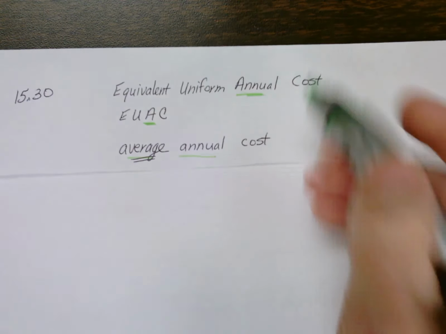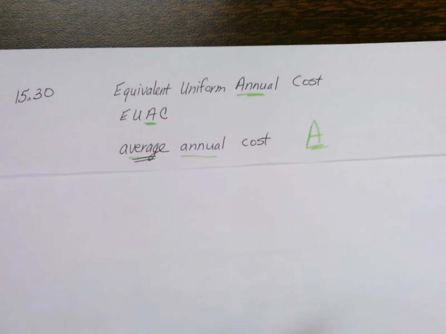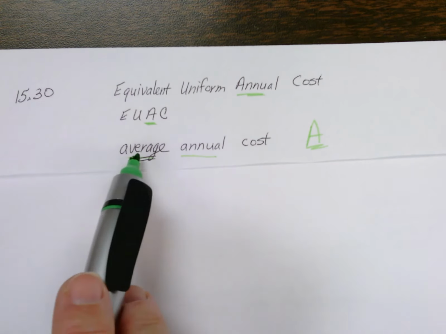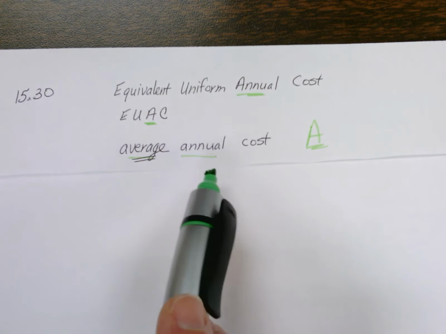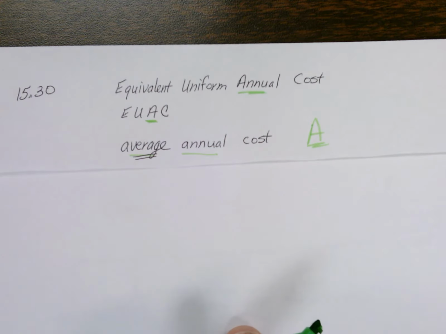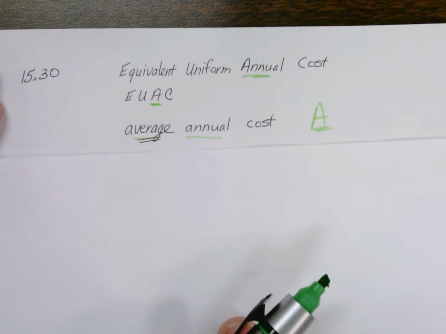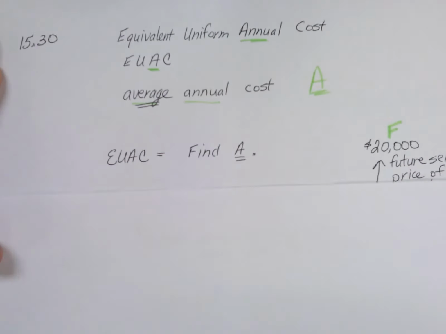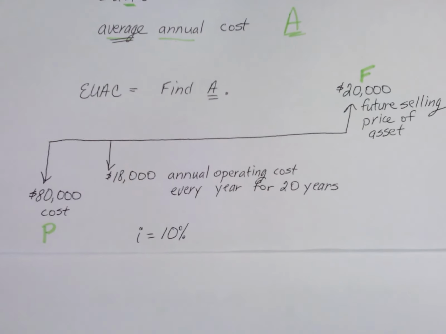In other words, find A. Turn all of the cash flows into an annuity, and that annuity will be the average annual cost or average annual benefit of using that machine over its entire lifetime, including all the cash flows, whether in or out, over the project's entire life, basically just averaging them out and coming up with a uniform annual amount, and that is A, annuity. So for this example, the timeline would look something like this for problem 30, the back of our handout.